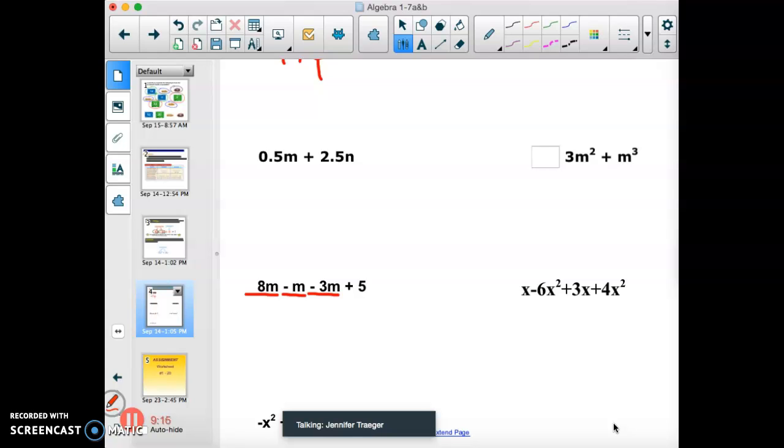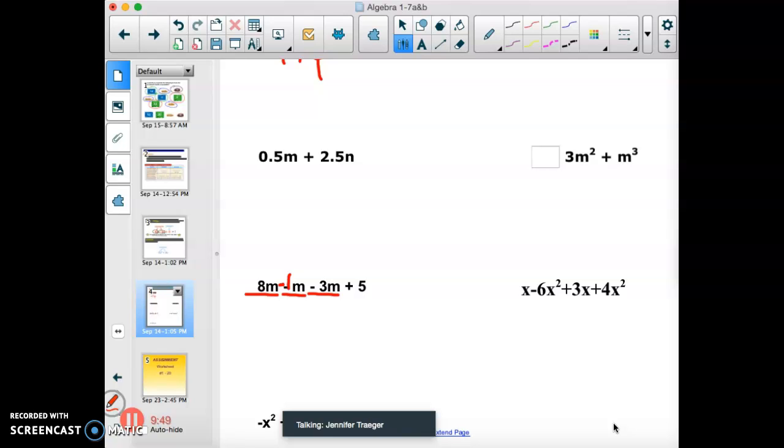Now I have to decide how many are going to be in each pile. There's 8 in this pile. That's easy to see. How many are in the second one? What's the number out in front? You're like, there is no number. There's a number. It's 1. We're going to put the 1 out in front. And don't forget, the sign goes with it.